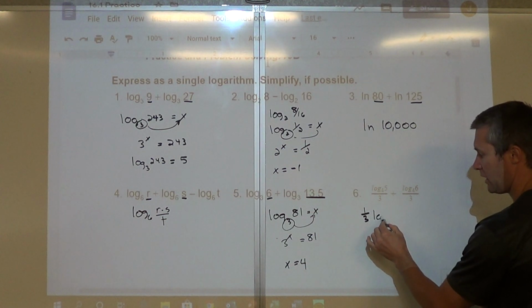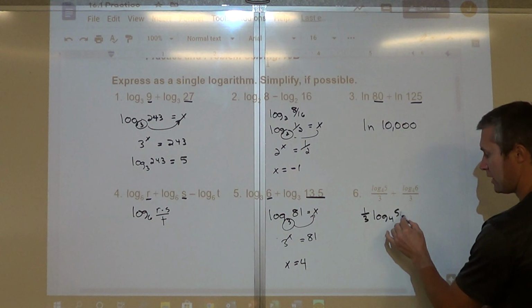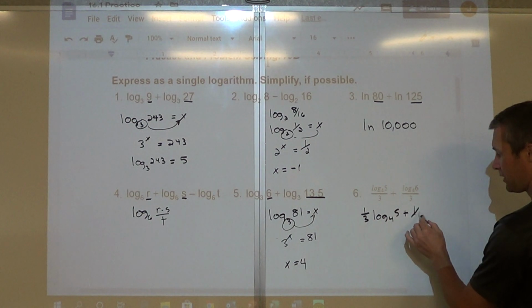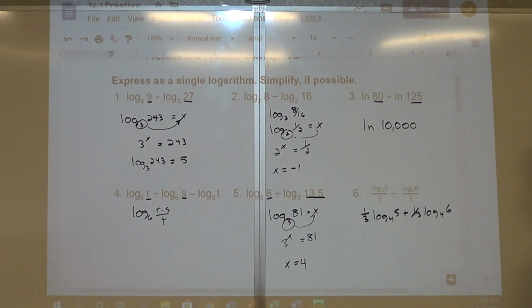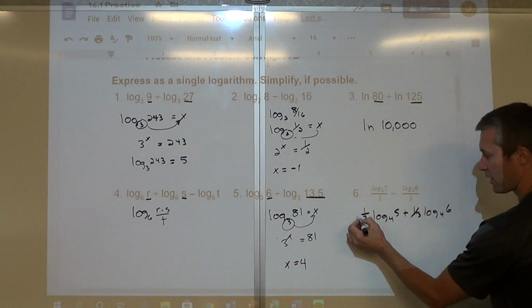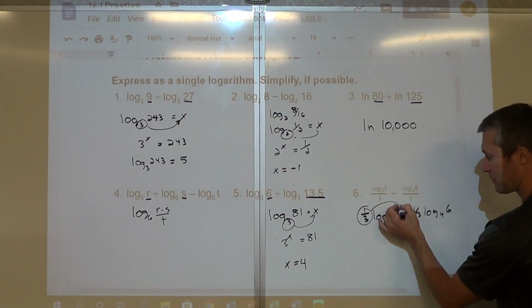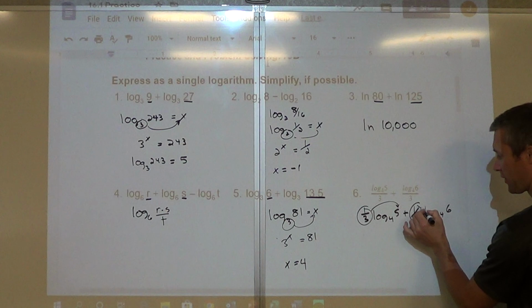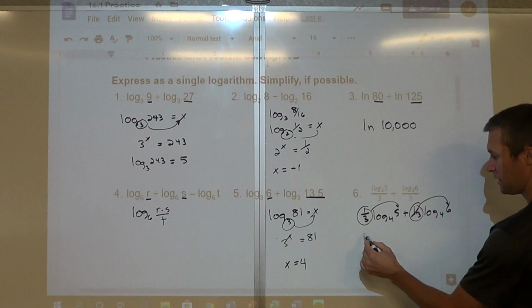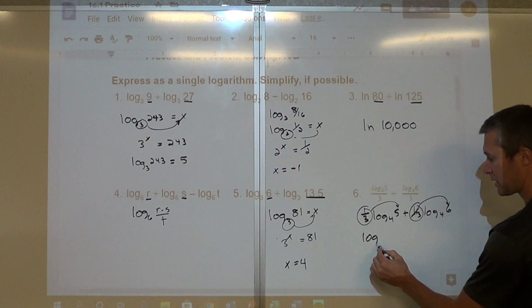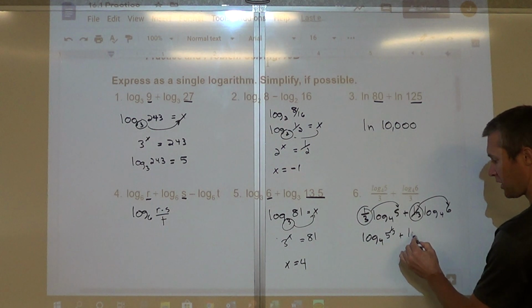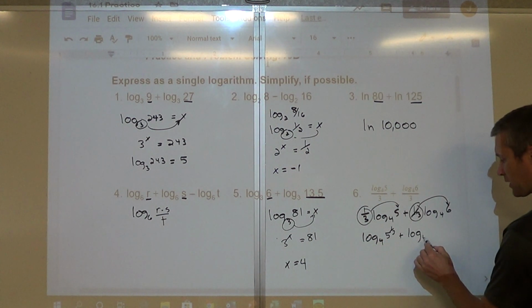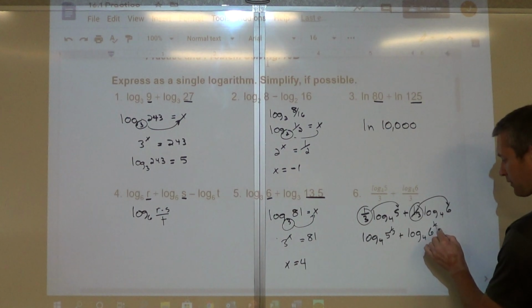Anytime you have a division, we're going to write that as a fraction in front. So it's 1/3 log base 4 of 5 plus 1/3 log base 4 of 6. Anytime I have a number in front of it, this 1/3 will become an exponent. So it would be log base 4 of 5 to the 1/3 power plus log base 4 of 6 to the 1/3 power.